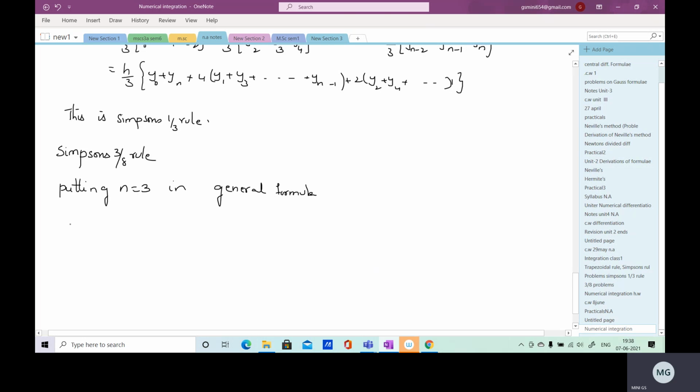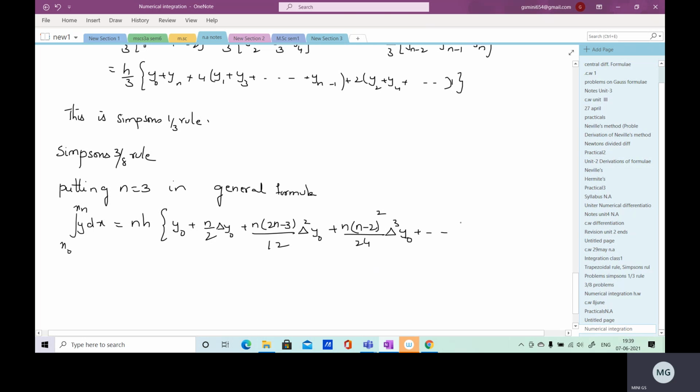After the third difference onwards you won't get it. So let me write the formula again. Integral x naught to xn of y dx is equal to nh into y naught plus n by 2 into del y naught plus n into 2n minus 3 by 12 into del square y naught plus n into n minus 2 whole square by 24 into del cube y naught plus, I'm just putting the dots here.